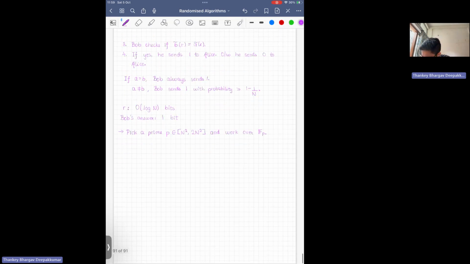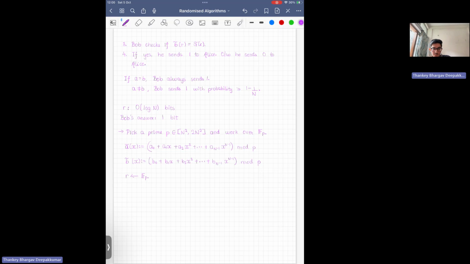Now our A tilde is defined to be this, and B tilde is defined to be this. In Schwartz-Zippel we would pick R uniformly at random from the field.